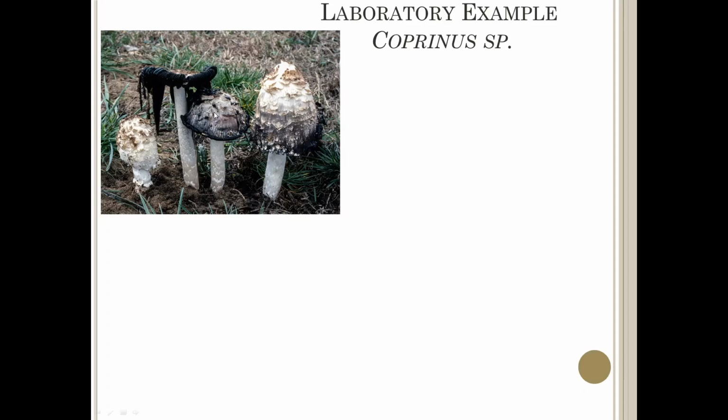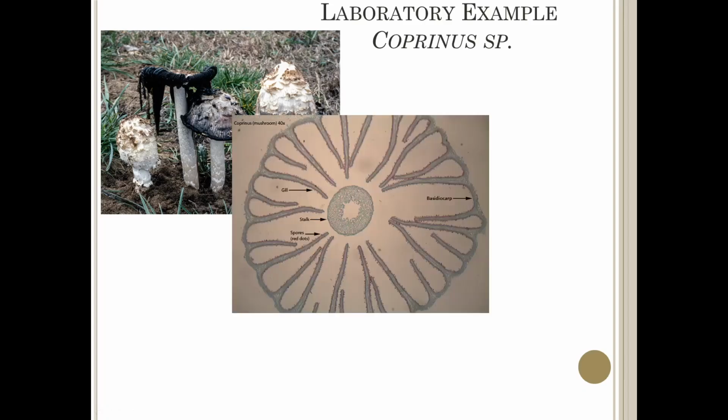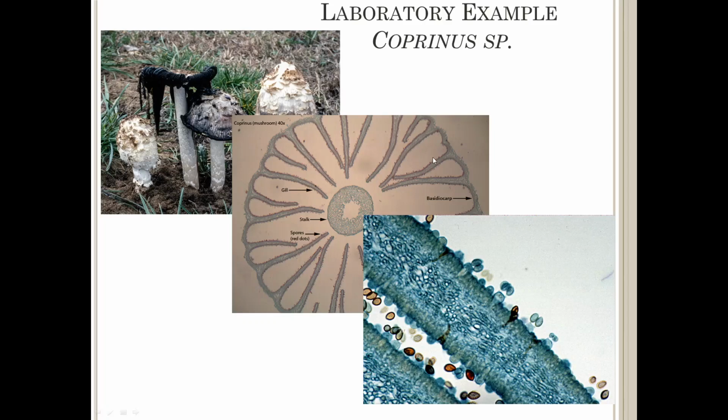But if you take a cut of the cap or the pileus and you look at it, you turn it upside down after you cut it. This is going to be the center where the stipe was connected to the cap. You're going to see that these are the gills, right, that are lining the inside of the underside of the cap or the pileus. And if we take a peek at that, here's a gill. These little kind of platform structures, if you will, these are all the basidia, and then these round structures are all of the basidiospores.